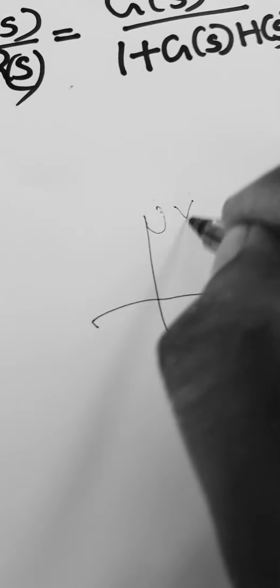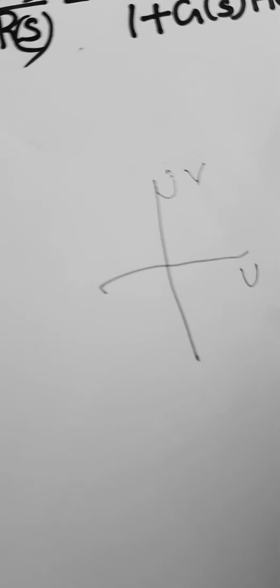Now here you have the Q(s) plane with u here and jv here. So this is the Q of s plane.